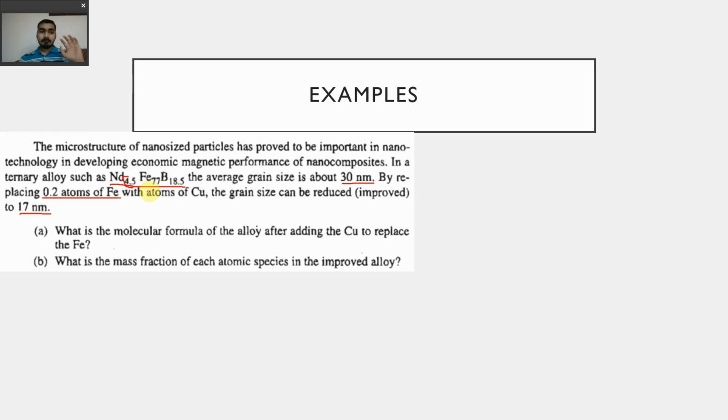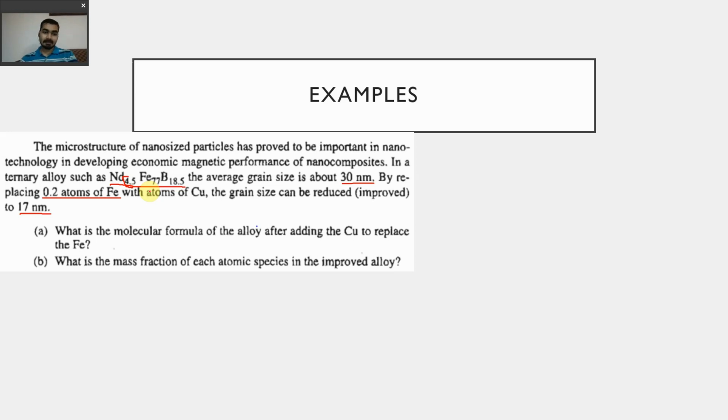So what we are changing, that is atoms, we are manipulating atoms. So our basis should be in terms of atom only. Why? Because that is the only thing we are given in the question.